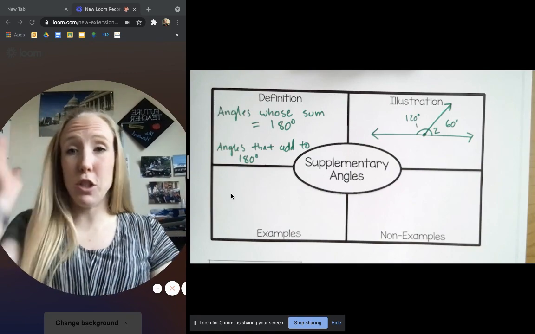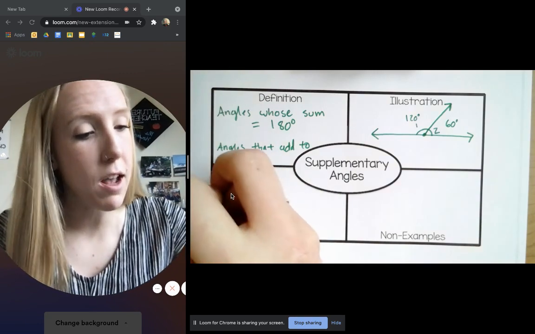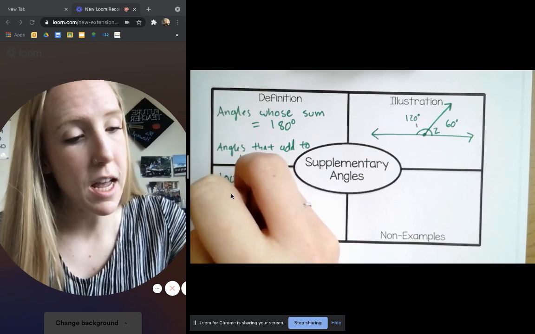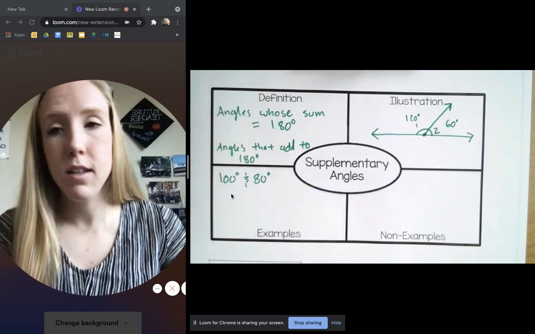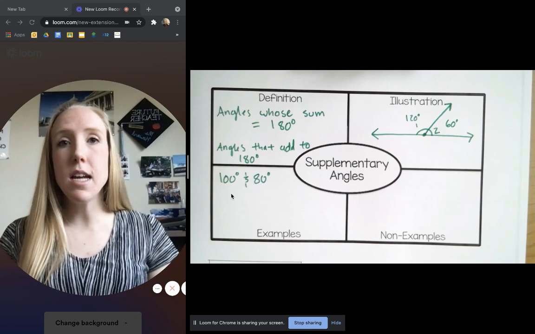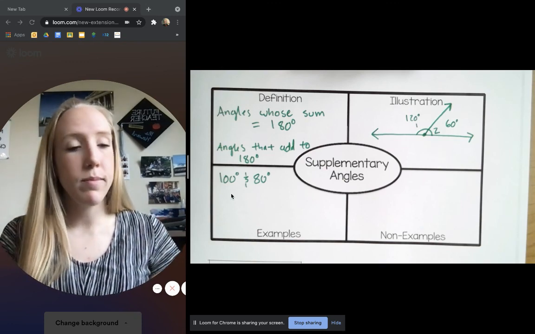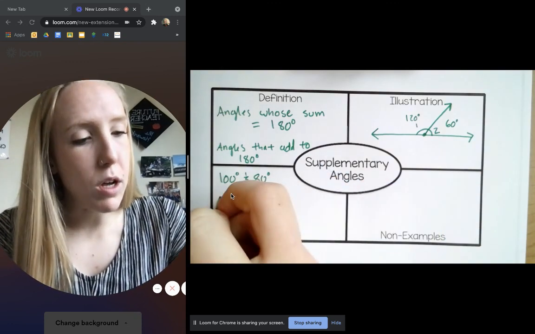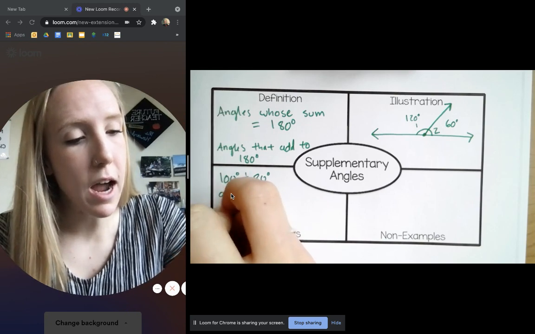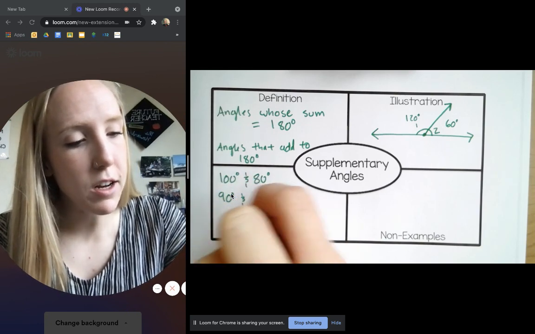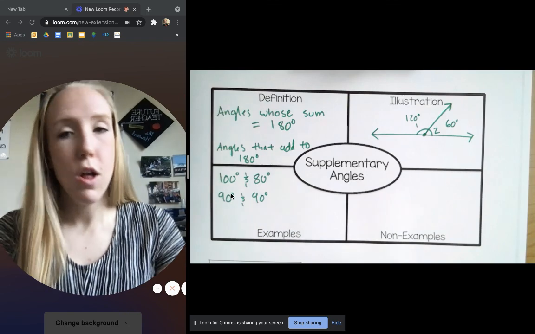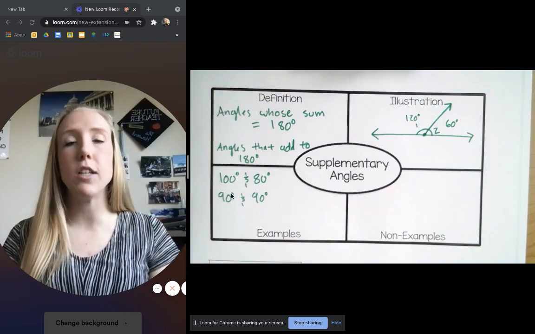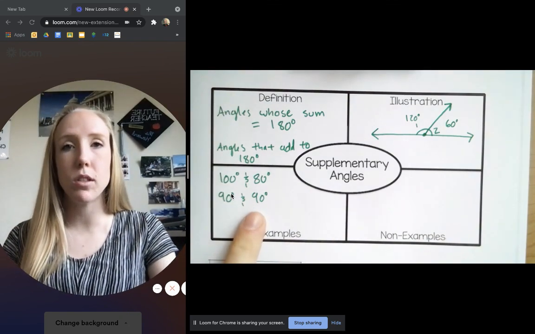So other examples using just numbers could be 100 degrees and 80 degrees. 100 plus 80 equals 180. Another example could be 90 degrees and 90 degrees. Those add to 180, so those are supplementary angles.